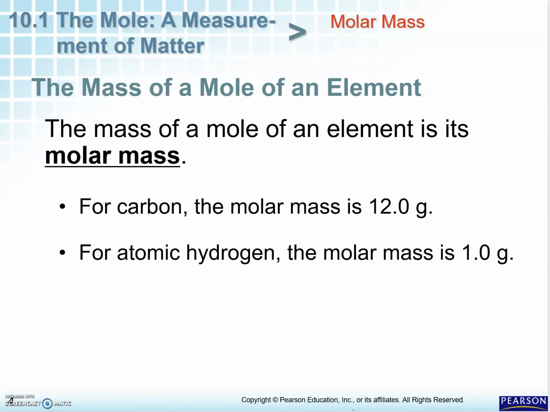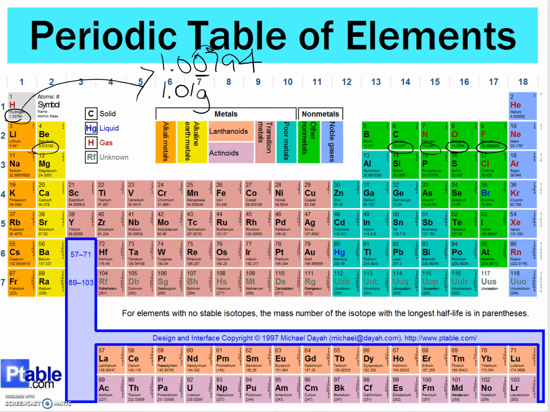If you go back to our periodic table, you can see there it is right here, this one says 12.01, so they only used 2 decimal points. But for this class, we are going to use 2. So if we were to look at carbon, its mass number on our periodic table is a lot longer. We only want to use those first 2 decimals.